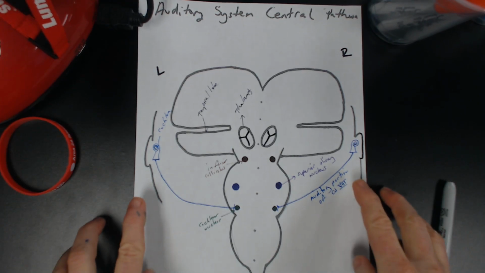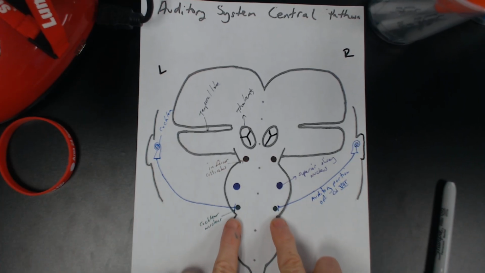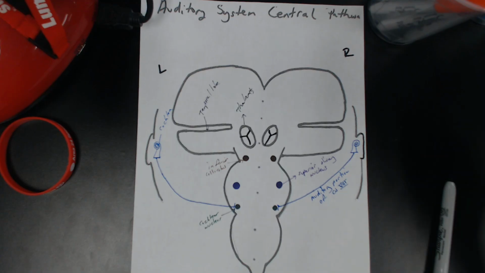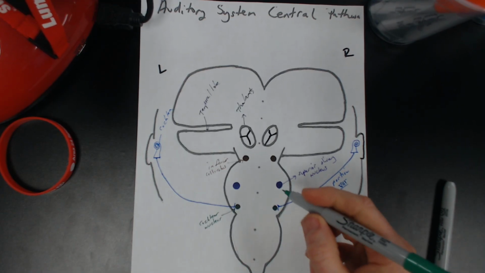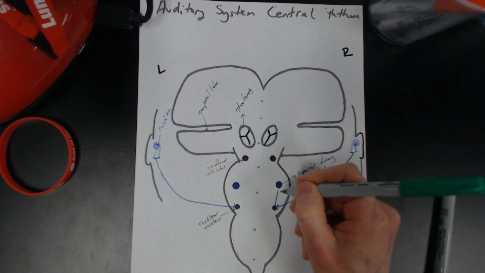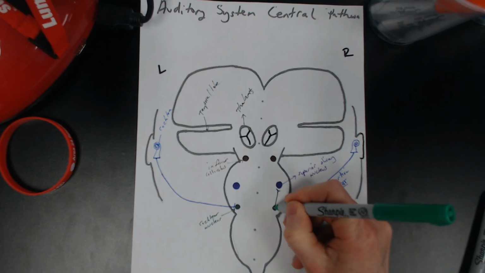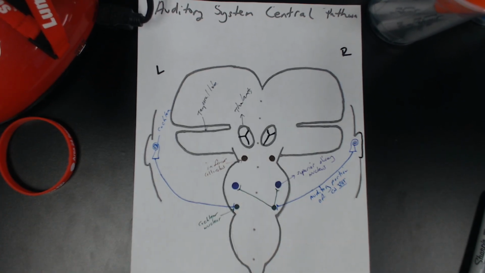So information traveling in the auditory portion of the 8th cranial nerve coming from the cochlea comes down and synapses with the cochlear nucleus ipsilaterally. Then the cochlear nucleus sends out axons that travel ipsilaterally to the superior olivary nucleus, as well as contralaterally to the opposite superior olivary nucleus.